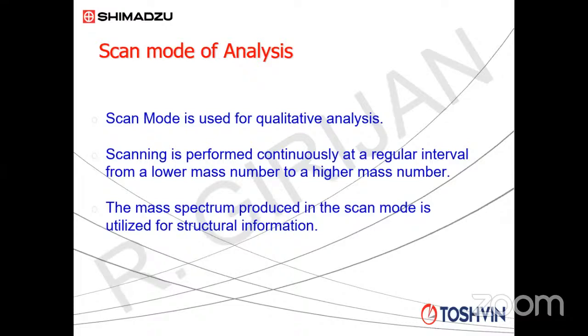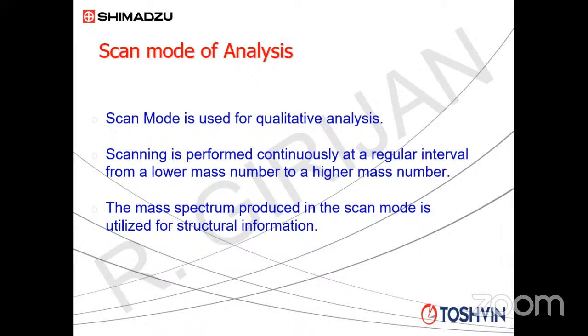So tomorrow, if you are going to have a GCMS in your lab, and if you have got a sample to be analyzed, what is the first thing you have to do? You have to decide the mass range between which the sample is to be scanned, lower mass range to upper mass range. Suppose, for example, I am going to scan my sample between 40 AMU up to say 400 AMU or 500 AMU.